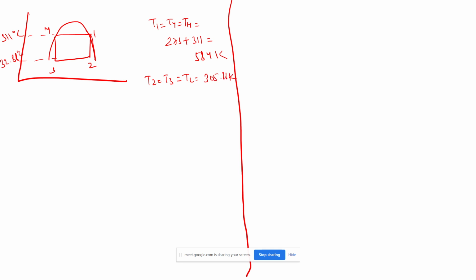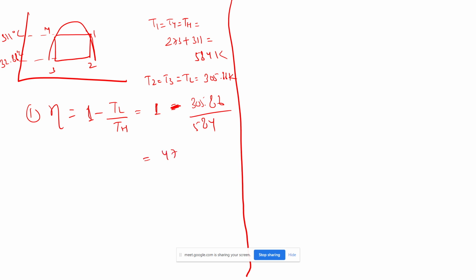First we'll directly discuss the efficiency. Efficiency of the Carnot cycle we all know: 1 minus T lower upon T higher. So we can directly write it: 1 minus 305.88 divided by 584.